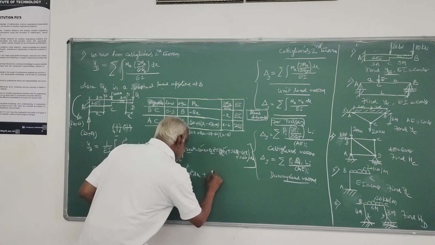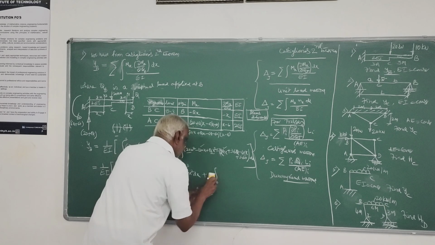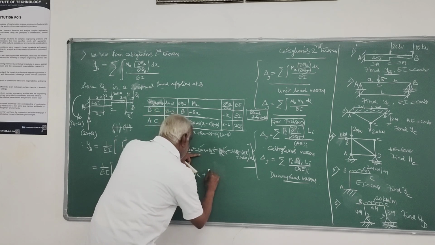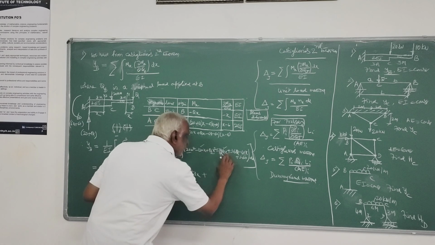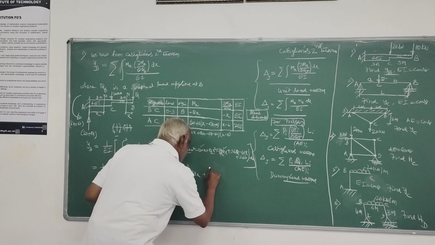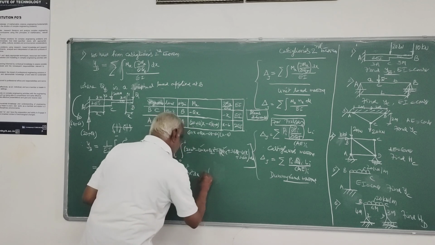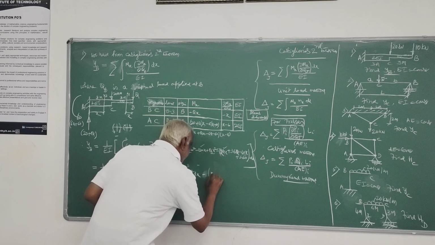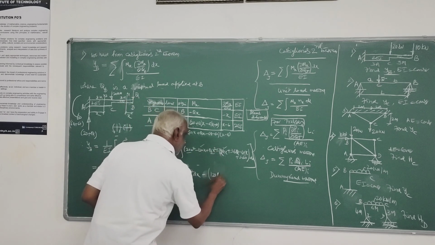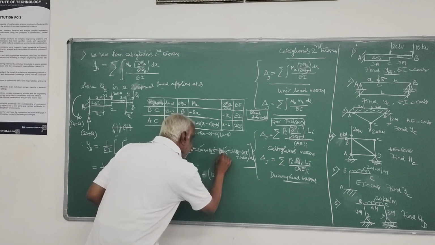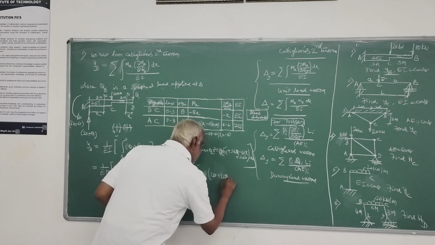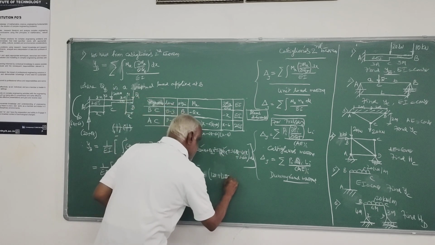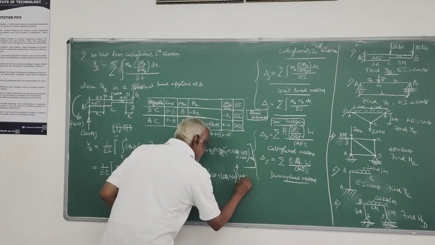So that is integral, minus 12qx, only the x terms we can take. Minus 120 minus 60, minus 180, plus 12q, plus 60, into integral 0 to 3 of x dx.